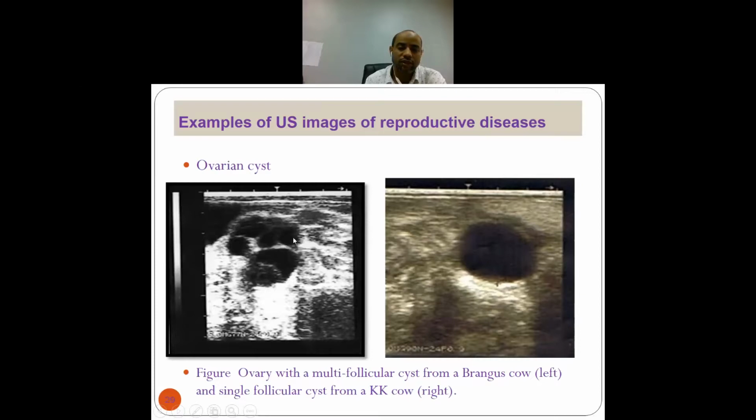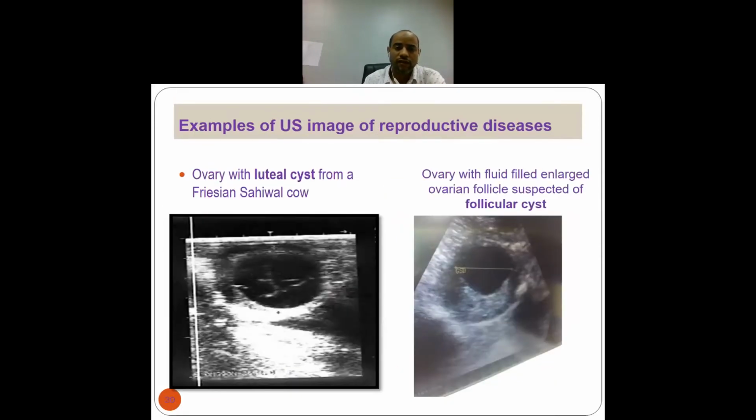You can see a mulberry kind of appearance with multiple follicular cystic structures. It had been there for quite a long time in the animal during our examination. And this is another follicular cyst, which was found in a KK or Kedah Kelantan cow. And this is again another type of follicular cyst.